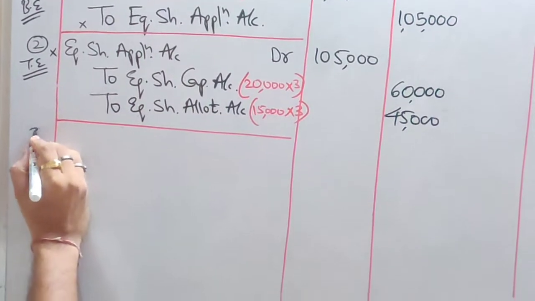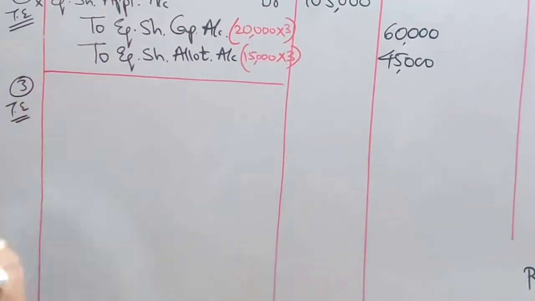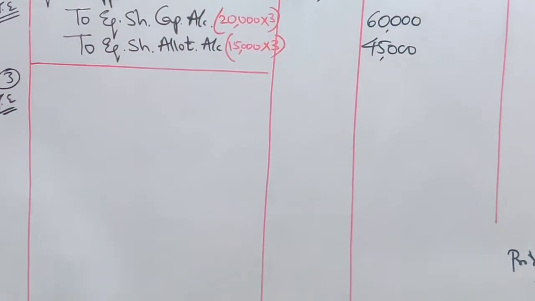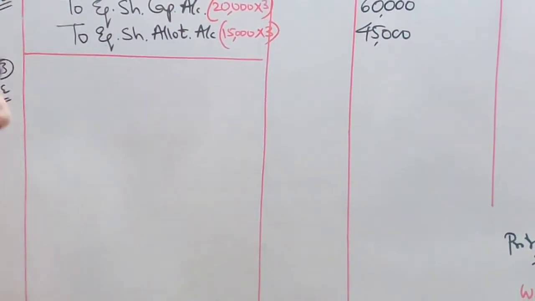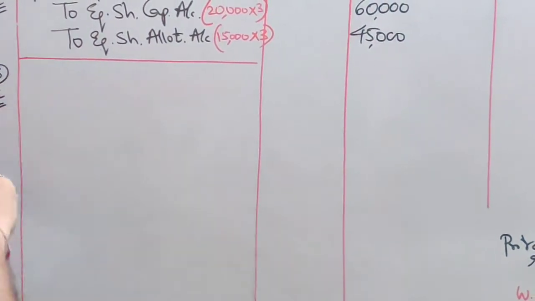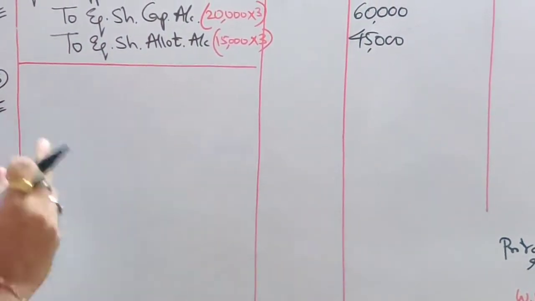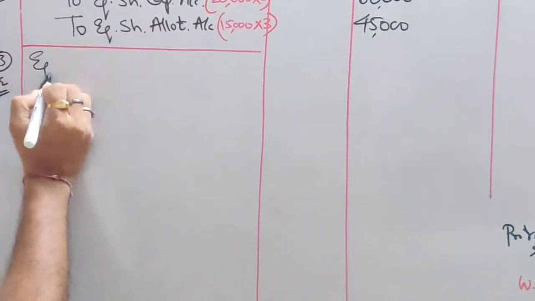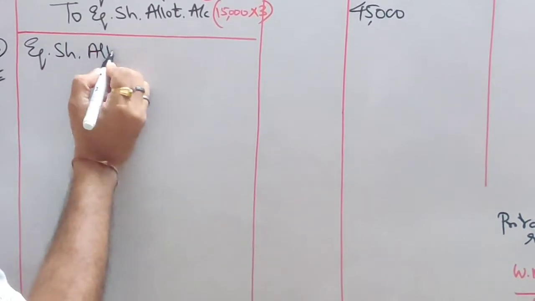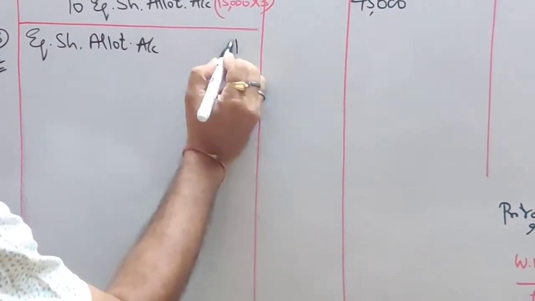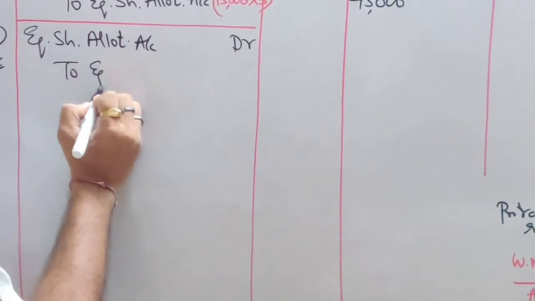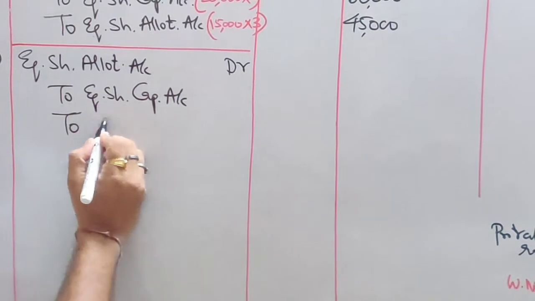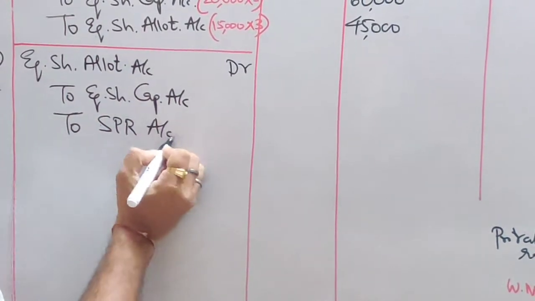Now your third entry is the transfer entry for allotment. Be careful with the allotment transfer entry. Why? Because they have given us a premium of ₹1. So you will have to tell me the transfer entry of allotment along with the premium. So what will be your transfer entry, students? Equity share allotment account debit to equity share capital account, to securities premium reserve account.